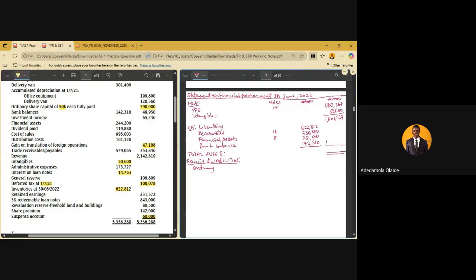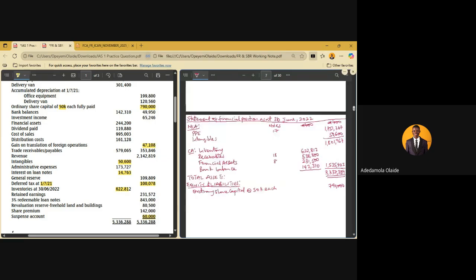So ordinary share capital at 50 kobo each, 790,000. Total assets 3,337,389.